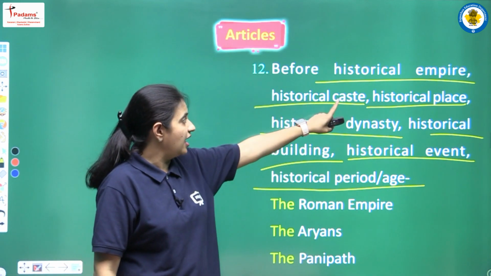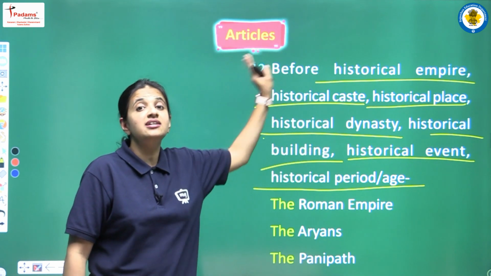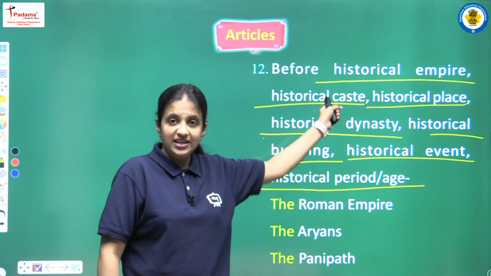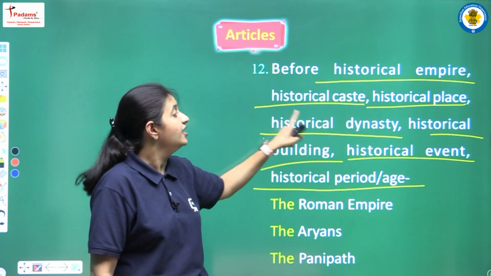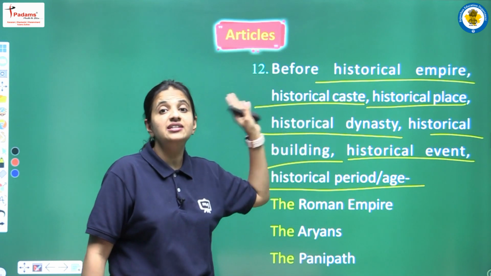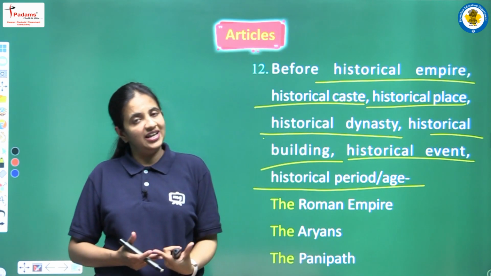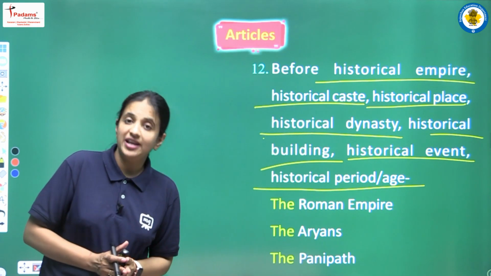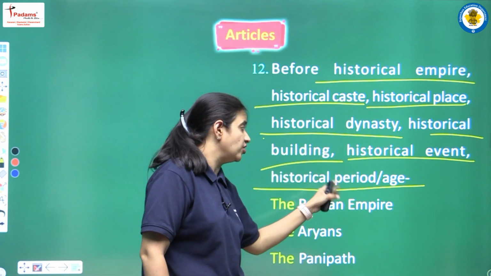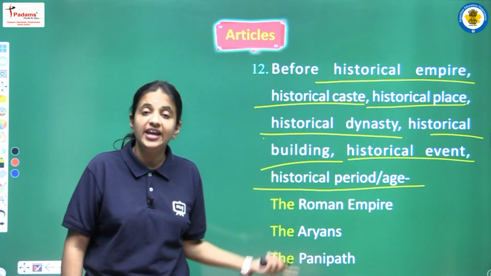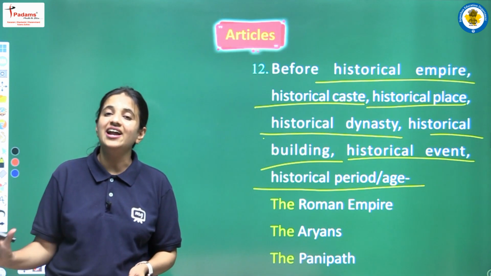So if we are having historical empire name, historical caste name, any place that is very much famous, very much important according to history, any historical dynasty name, any historical building, a building that is having a very important place in our history, or if we are having historical event or historical period, or we can say historical age, then before such names we have to write the as an article.